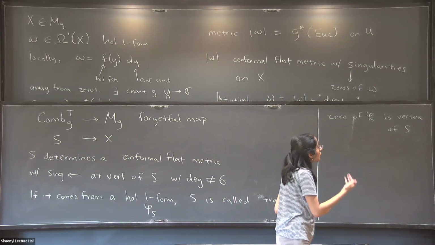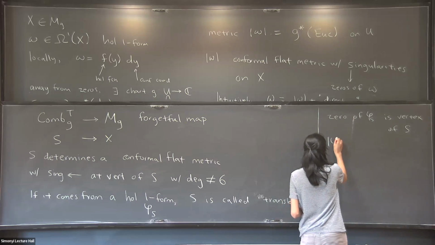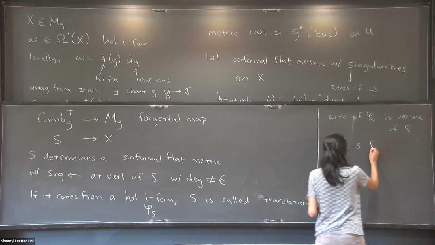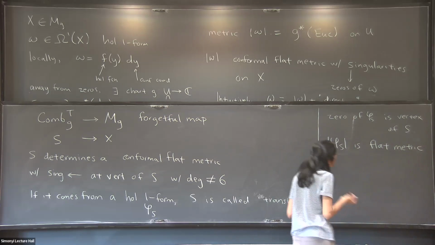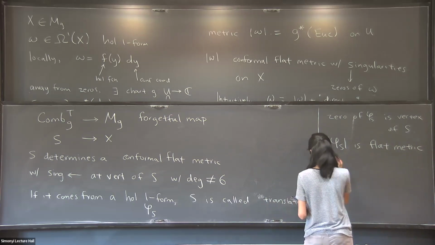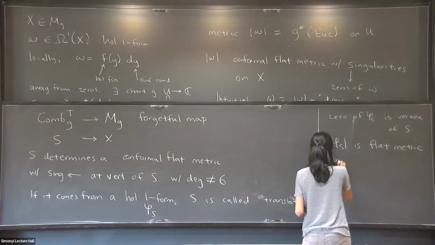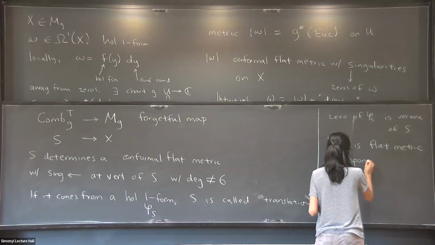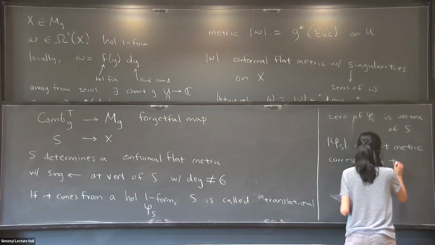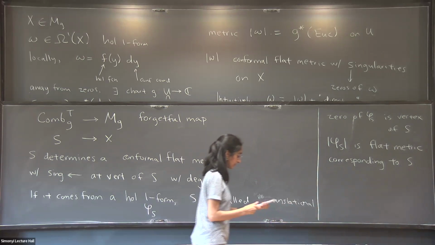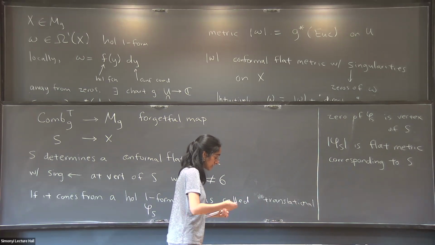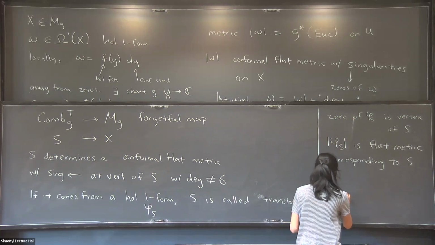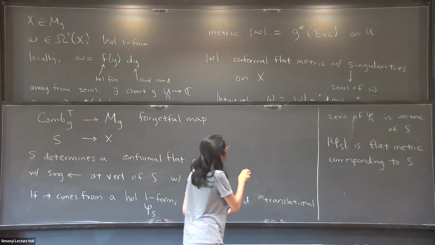But you also know the flat metric corresponding to S. So suppose you want to build a triangulation and you know the metric and you know a vertex, but then you also have a sense of direction.